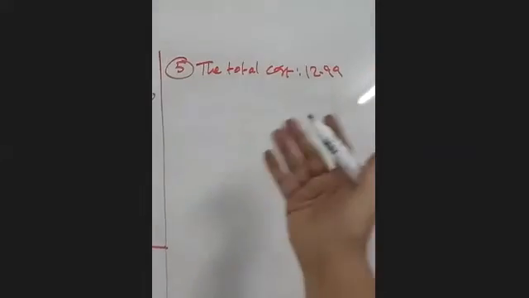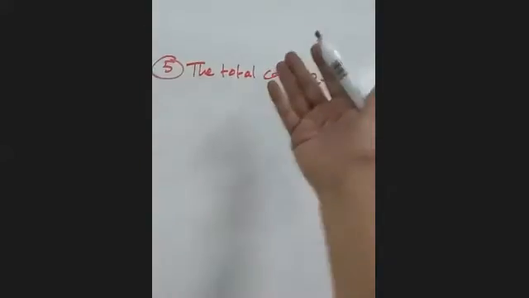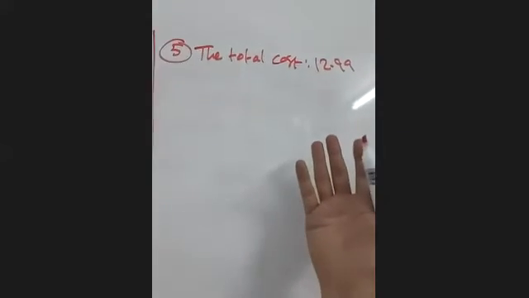Read the question again. A one-topping pizza costs $12.99. This is for what? For $12.99. Exactly. The pronoun here is for the total cost. Got it? Yes.